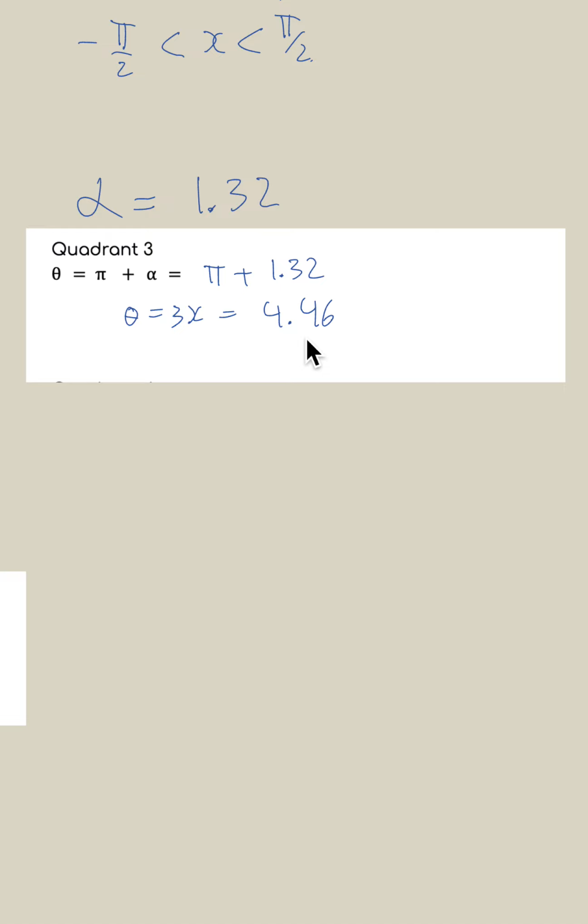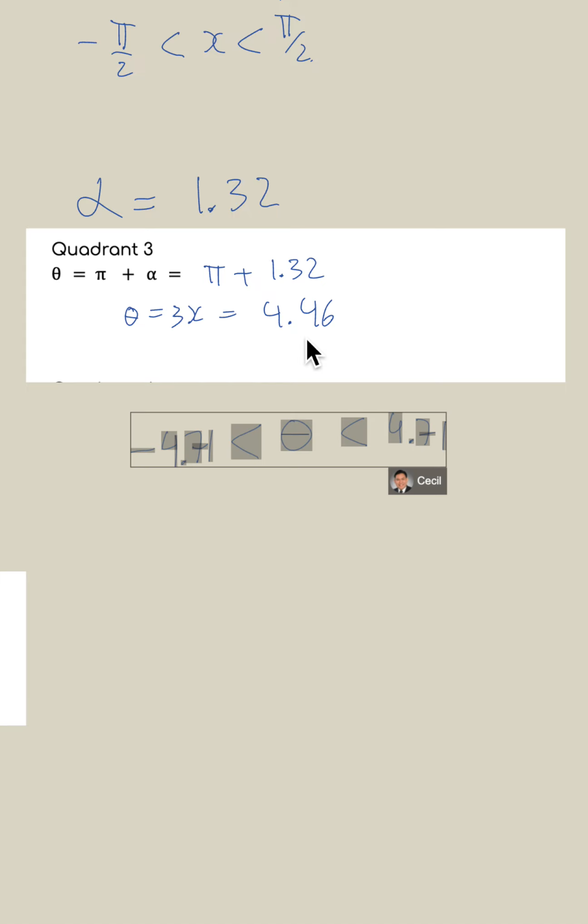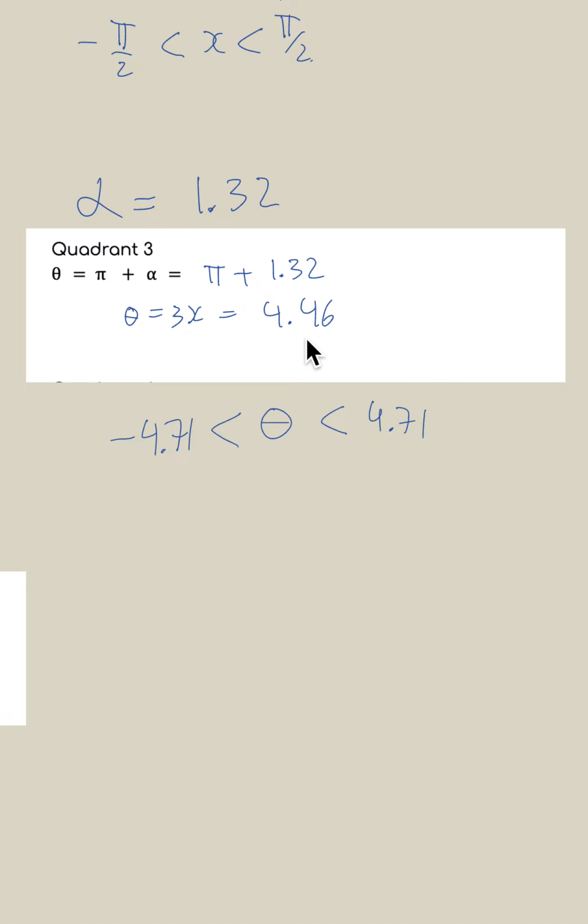Is that inside the range? Yes, it is. 4.46 is near the upper boundary, which is 4.71. Shall we add 2 pi? No, don't add. It's too near the boundary already.